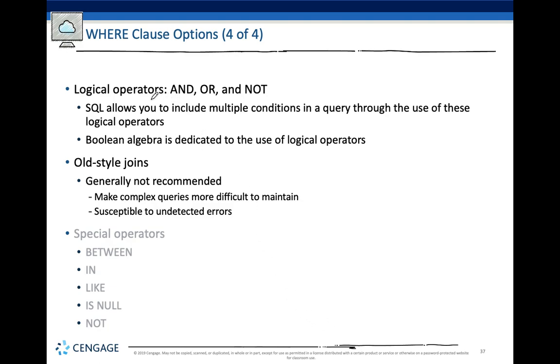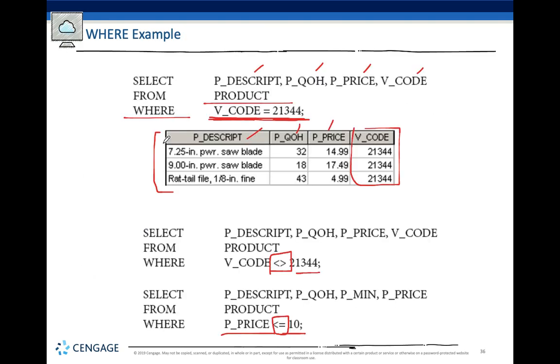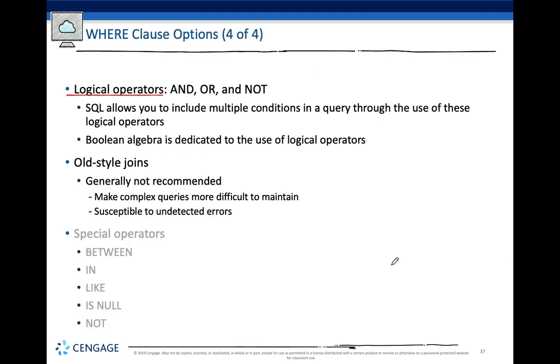Now you can also have logical operators. So say, for example, if you want to have more than one condition, this here is one condition. If you want to have more than one condition in the query, right? You want to return rows that meet multiple criteria, then you can specify these criteria using logical operators. So the AND operator can be used to specify both conditions should be met, right?